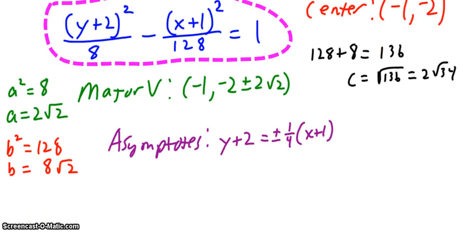So then my foci are going to be, and again this is going to be a vertical, so it'll be -1, comma, -2 plus or minus 2 root 34.